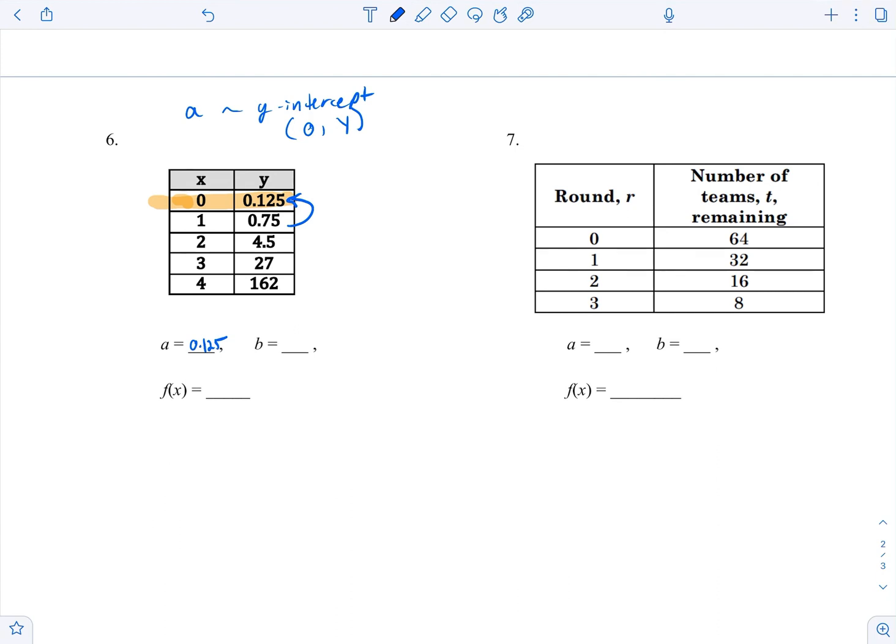And to determine our b, our common ratio, we take this y and divide it by the first y. Or it doesn't have to be that way. We could take 4.5 and divide it by 0.75. But either way we look at it, we are going to need a calculator.